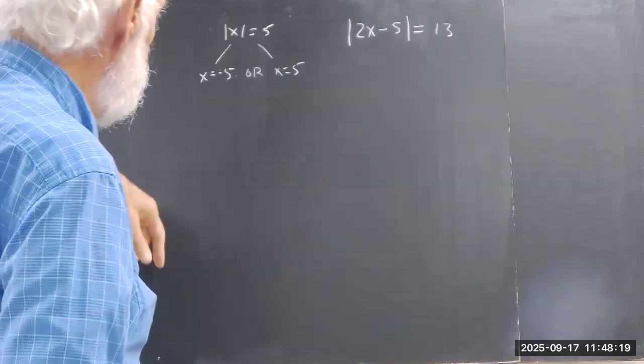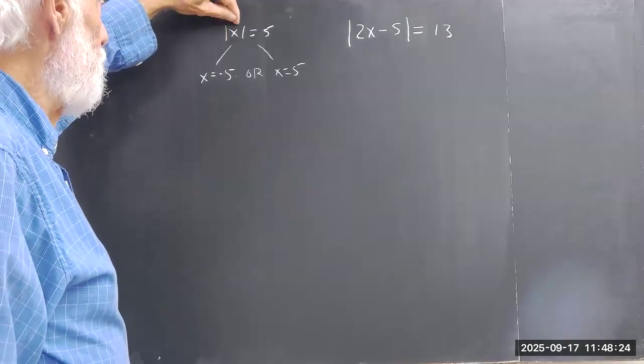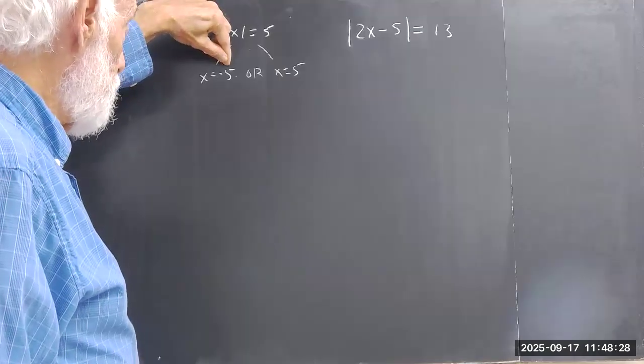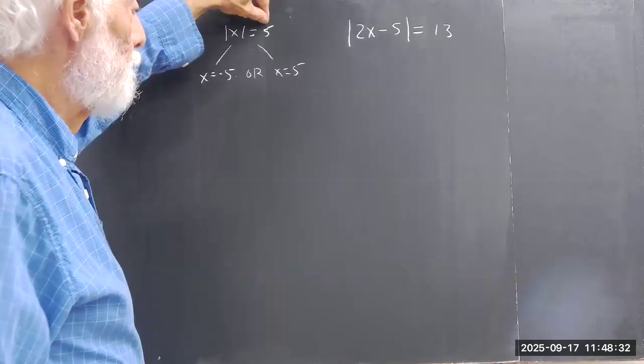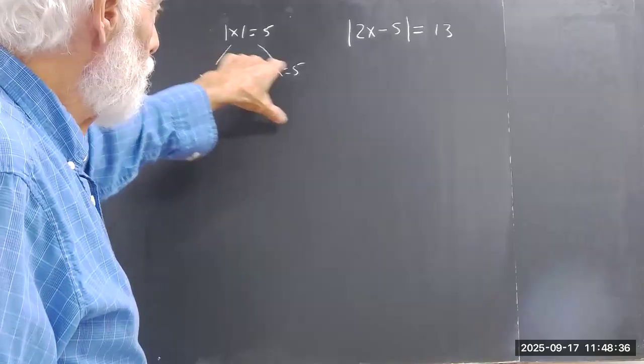Because understanding absolute value, you realize that x could be a negative number whose absolute value is 5, in which case it would have to be negative 5. And of course, if x is 5, you also have a solution. We know that those are the two solutions, but we write it like this.